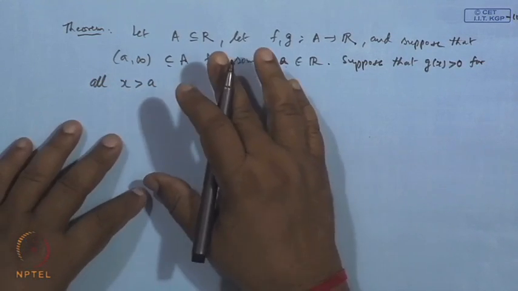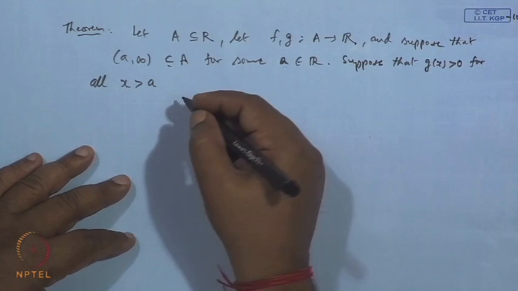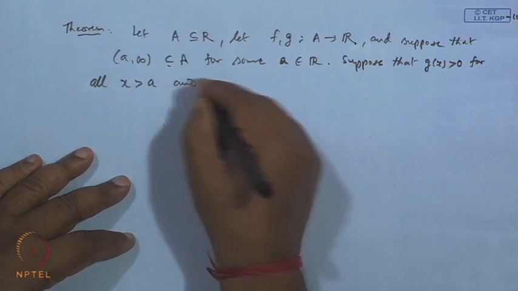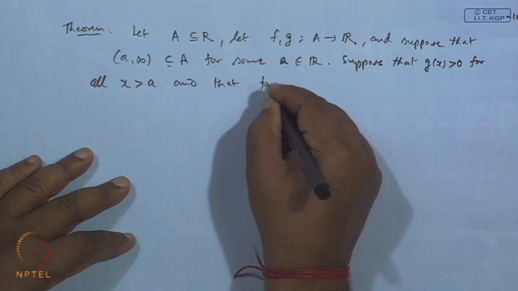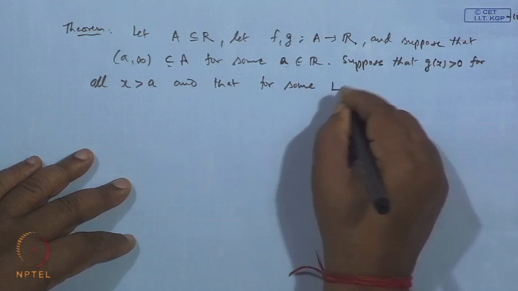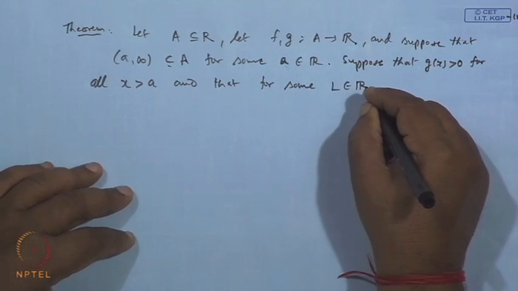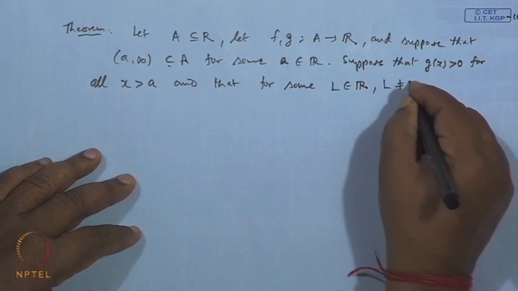These are the restrictions we put. And for some L in R, L is not equal to 0.